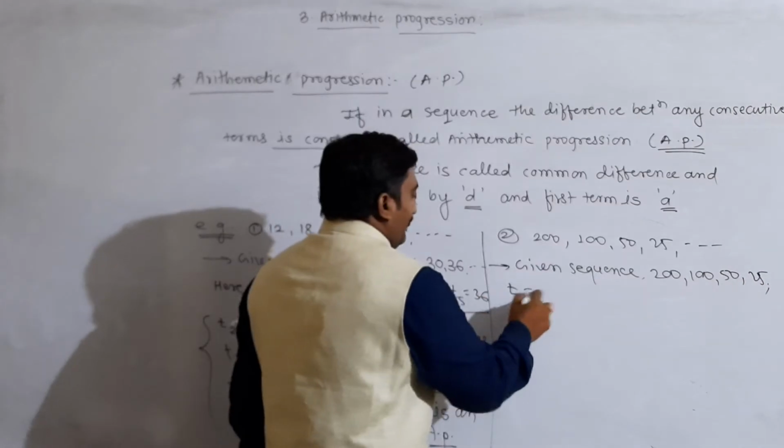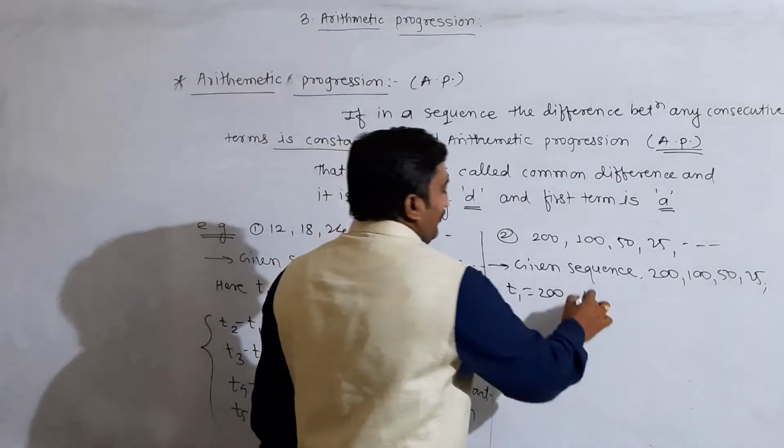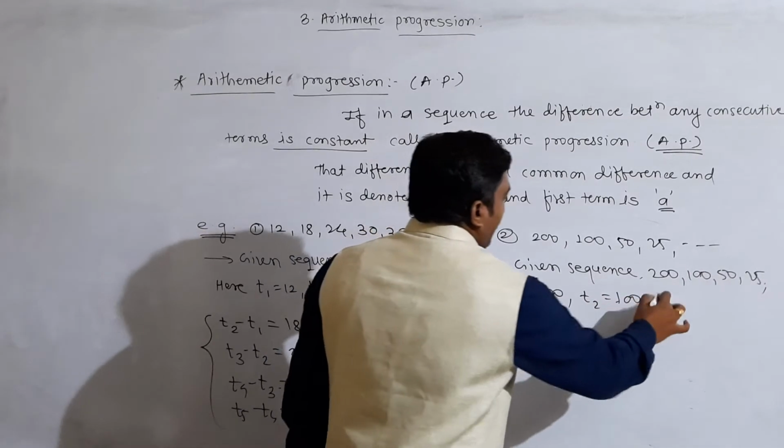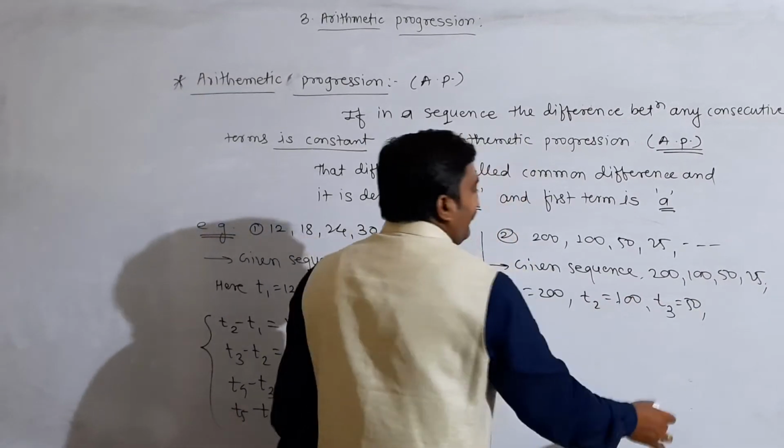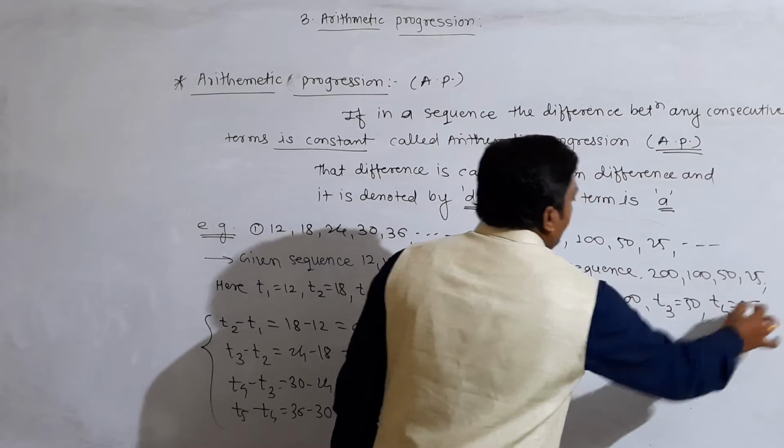So here T1 is equal to 200, T2 is equal to 100, T3 is equal to 50 and T4 is equal to 25.